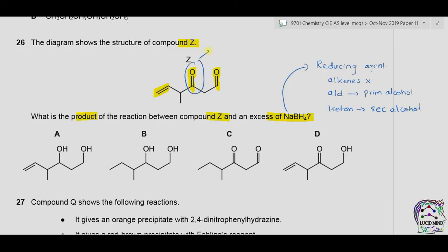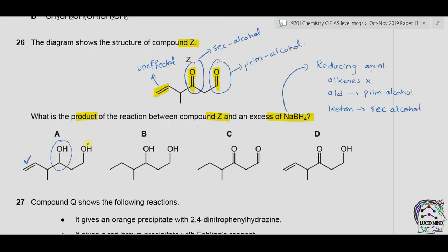So this will be converted into a secondary alcohol group, and this one will be converted into primary alcohol. And the alkene will be unaffected. So in A, the alkene is unaffected.